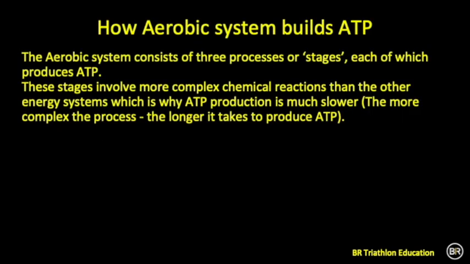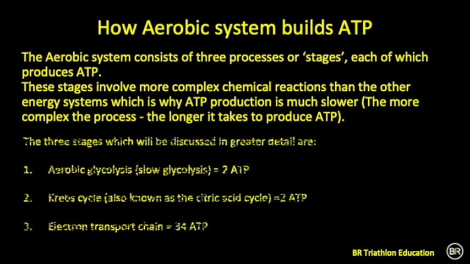How the aerobic system builds ATP. The aerobic system consists of 3 processes or stages, each of which produces ATP. These stages involve more complex chemical reactions than the other energy systems, which is why ATP production is much slower. The more complex the process, the longer it takes to produce ATP.